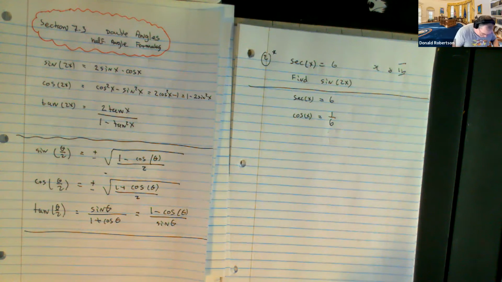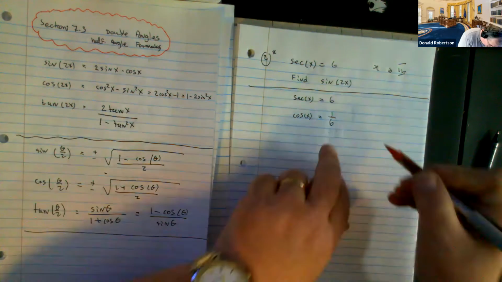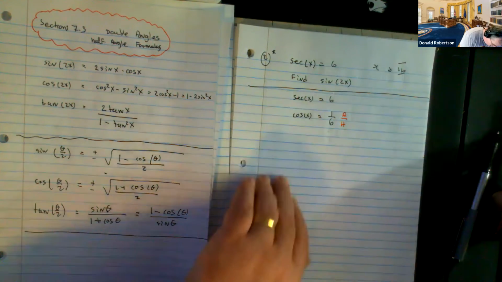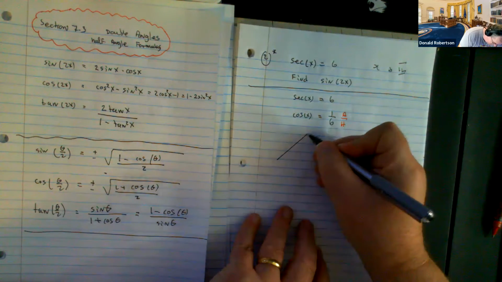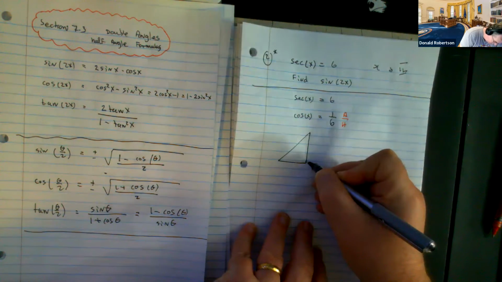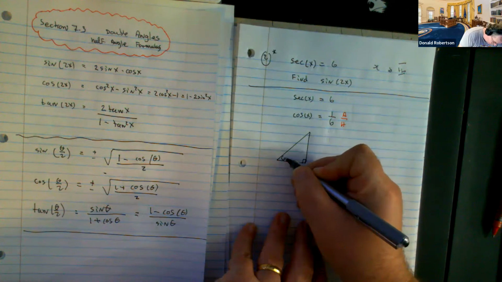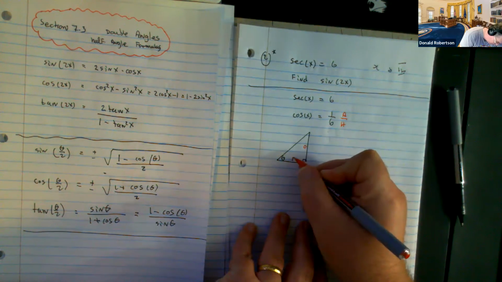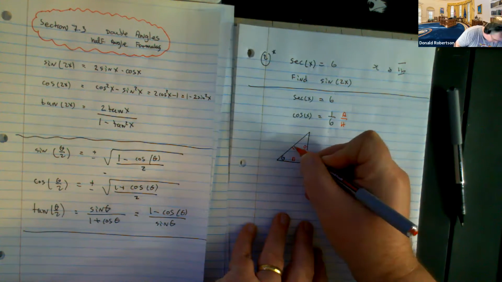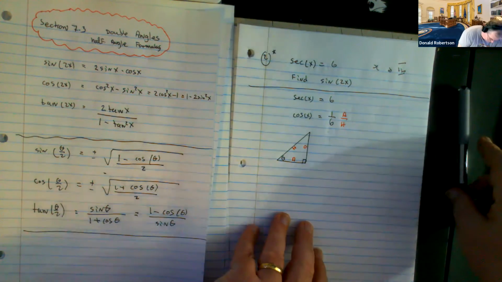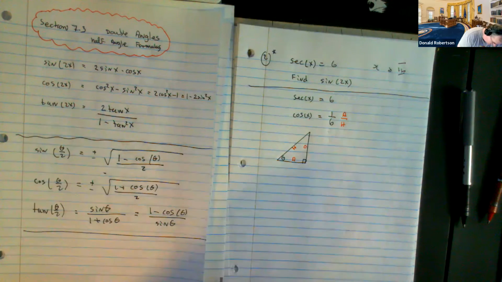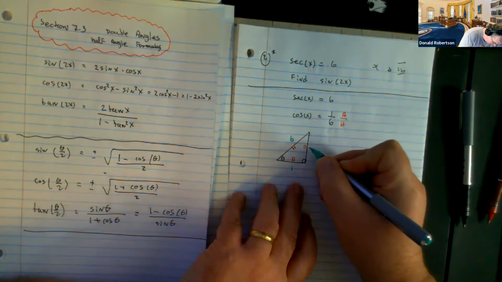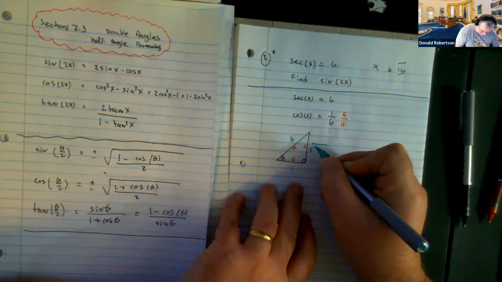Now I can call it the adjacent over the hypotenuse, and we can start with our triangle. We have an opposite, we have an adjacent, and we have a hypotenuse. I know that the adjacent is 1 and the hypotenuse is 6. If I use Pythagoras, the opposite becomes the square root of 35.